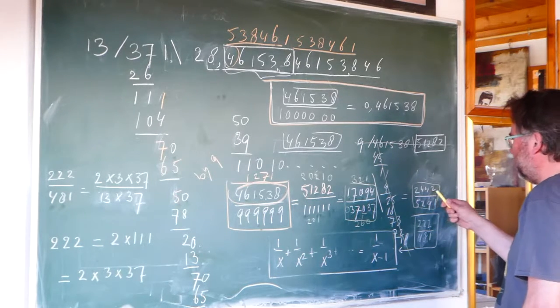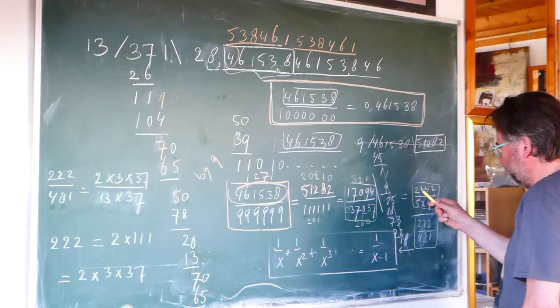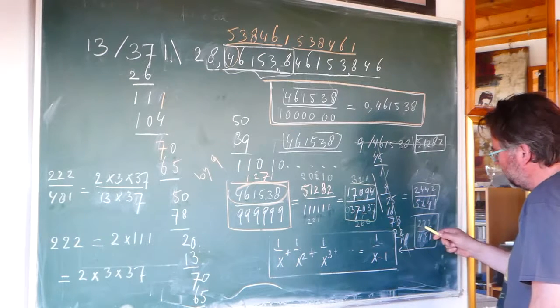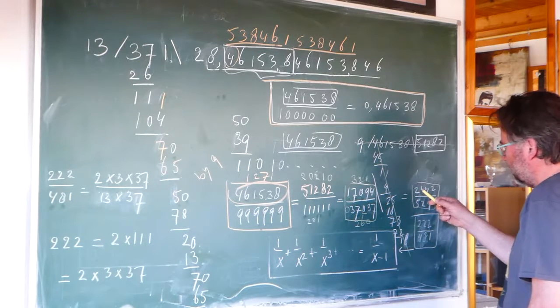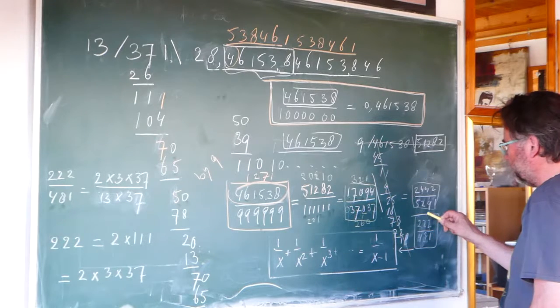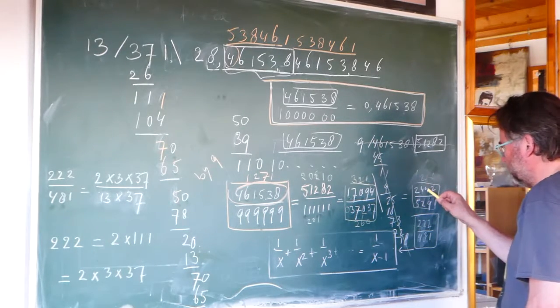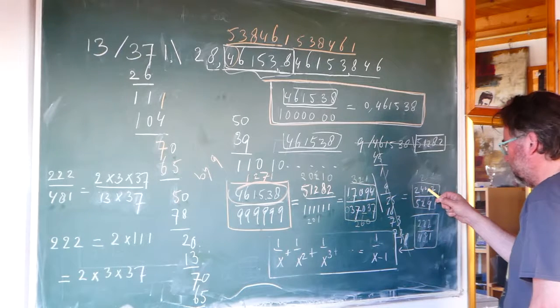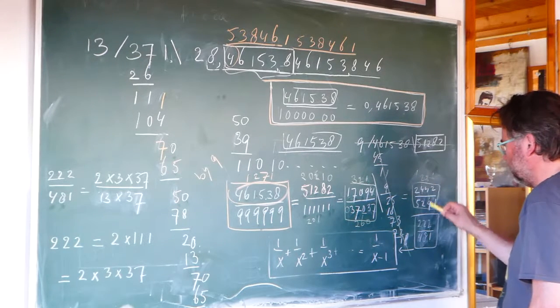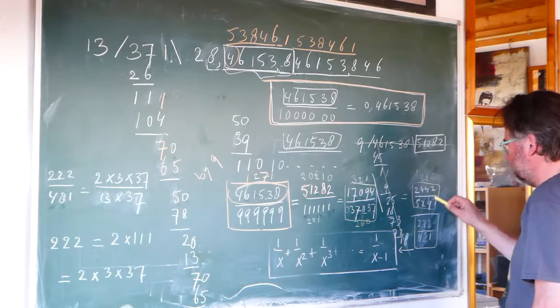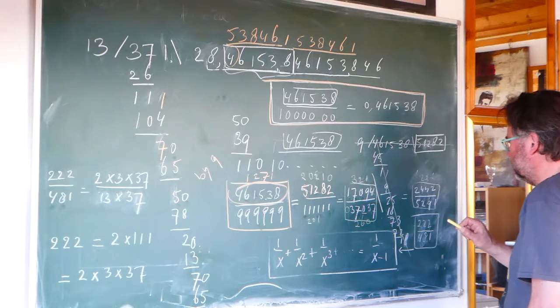Is it divisible by 11? 2, 4. That's 22. 2 left. 2, 2, 2.